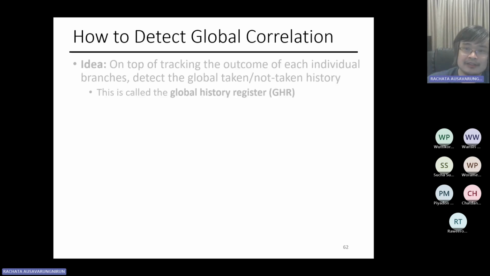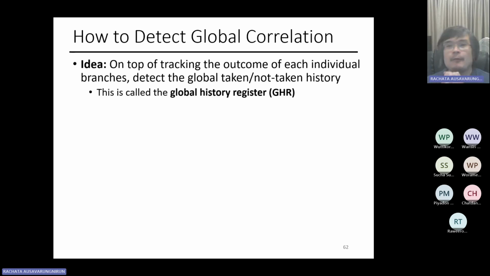And how do we detect this? Basically, the idea is, well, we used to take into account the history of each branch individually, right? Whenever you see a branch, you ask, what's the history of that branch? I want to be able to detect, on the global level, what has happened in the past.